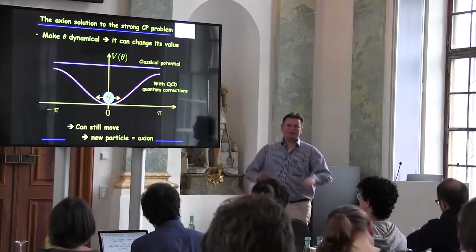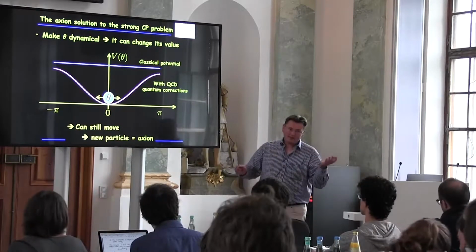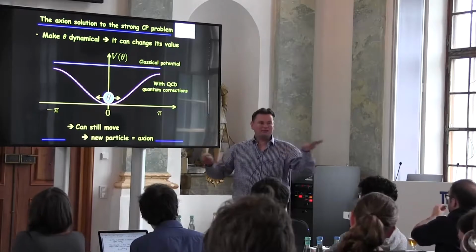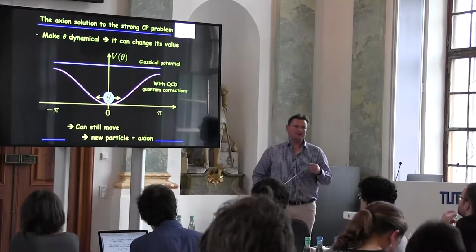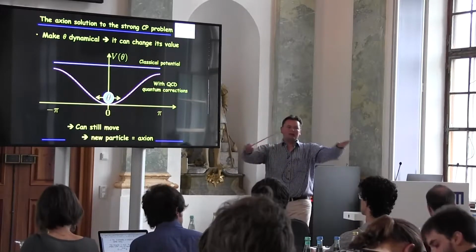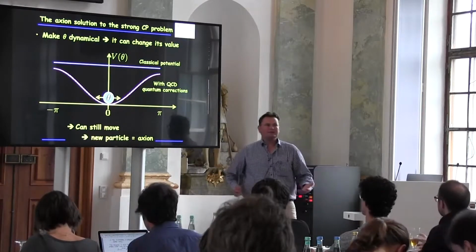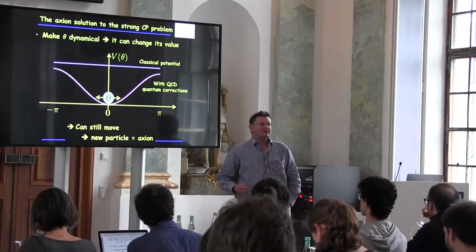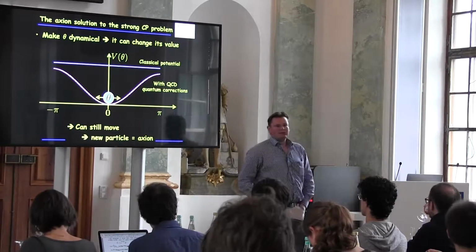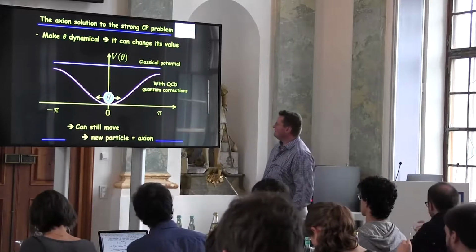The idea being, well, if theta is a parameter, you really can't change the energy. But if it's a dynamical degree of freedom, then a field can actually evolve, and that basically allows the field value to explore its energetic minimum.